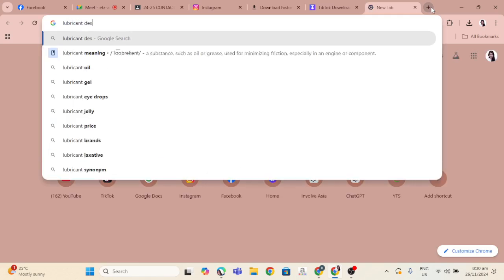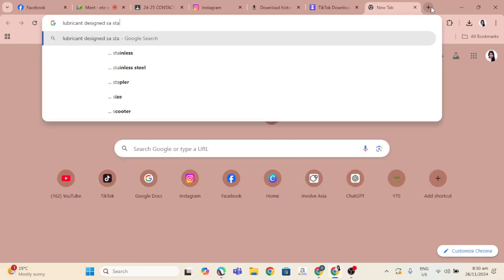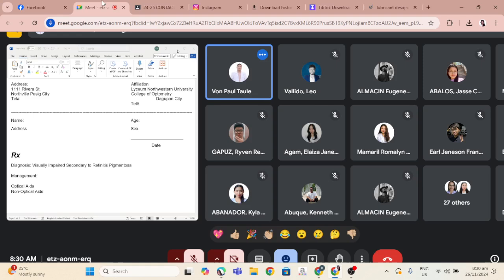Okay, so we can go for CelluFresh. I'm pretty sure CelluFresh will be hydroxyethyl. Ah, hindi siya hydroxyethyl pala.